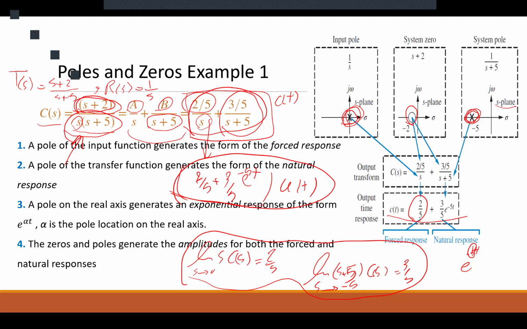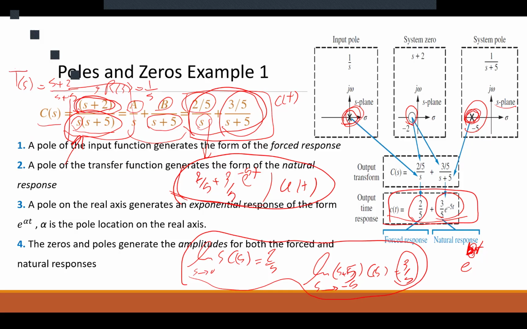For the second term, the pole is -5, sorry. So it's going to be whatever coefficient we have at s equals -5 times e to that pole times t, which is e to the power of -5t. So without the Laplace inverse, just by finding the poles of our transfer function, we can easily find the time response of our system. Is that clear, what we did?